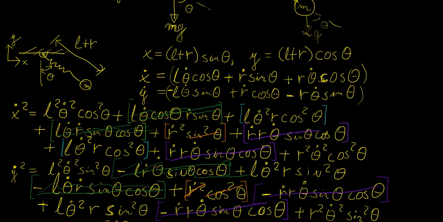And now what else can we do? We can simplify a few of the other ones. For example, this term here. Not this one, I believe I was looking at a different one somewhere here.